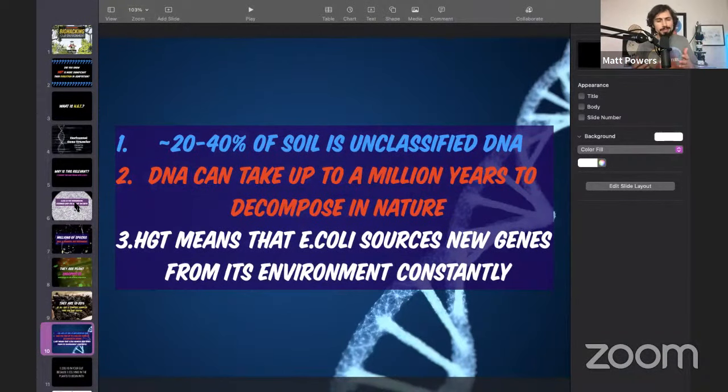There's only a certain number of slots in E. coli. If you go and check out the world, because I check out everything, because I want to know what they're up to, if you look at the genetic engineering world, they call E. coli the universal chassis, because it's constantly removing and taking on genes.